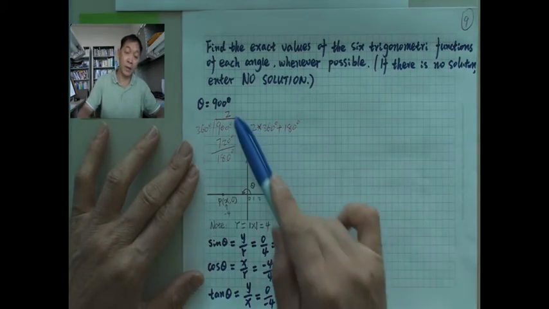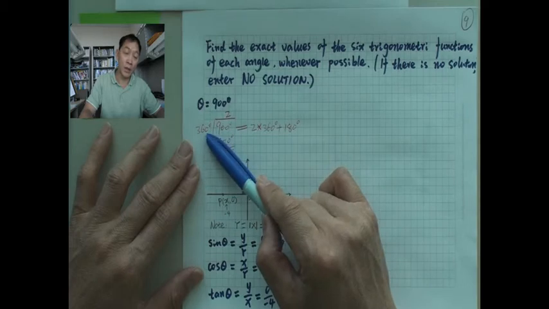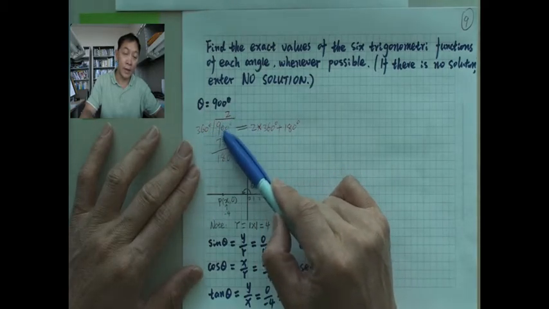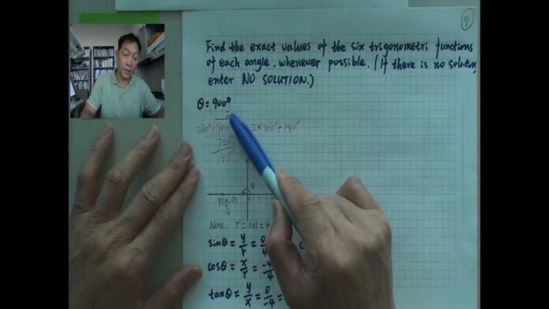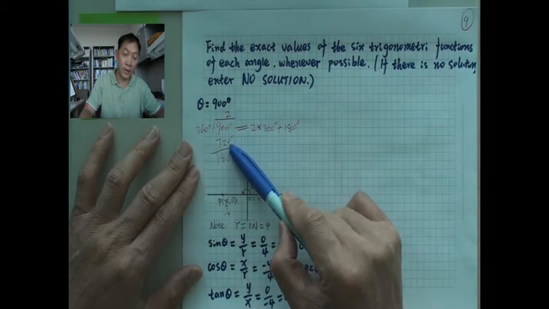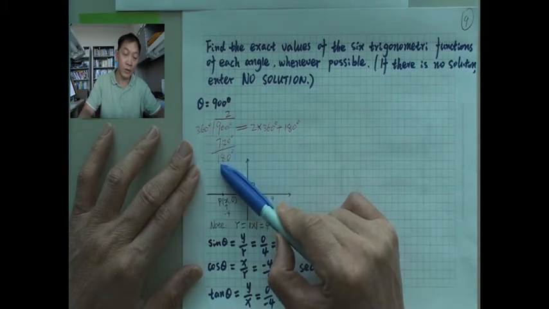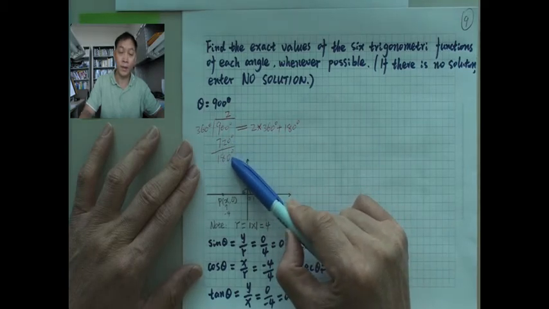So where is this angle then? We don't know. We know one circle is 360 degrees. If we divide 900 by 360, here is 2. 2 times 360 is 720. 900 minus 720 is 180.